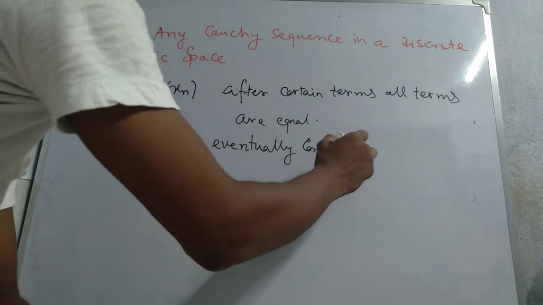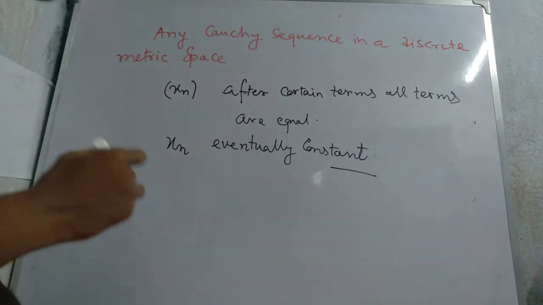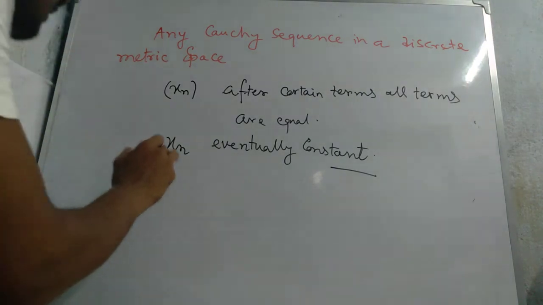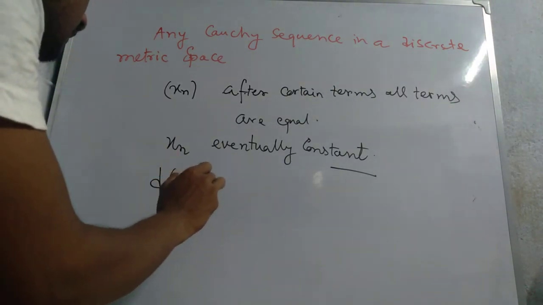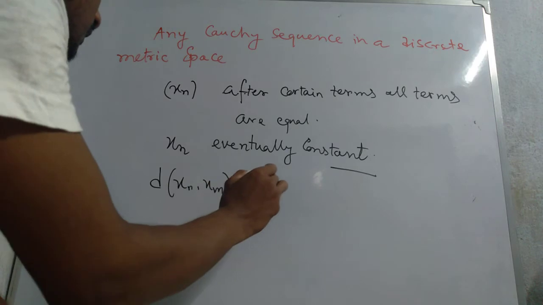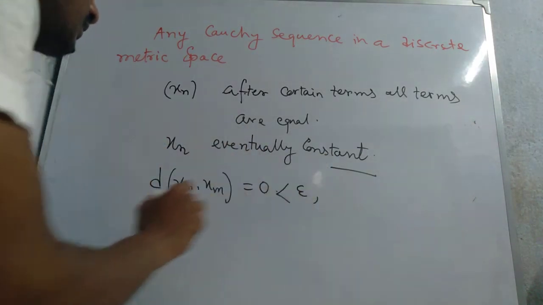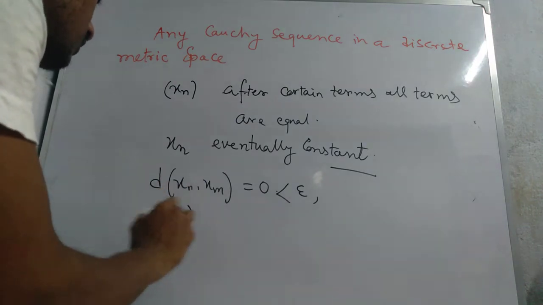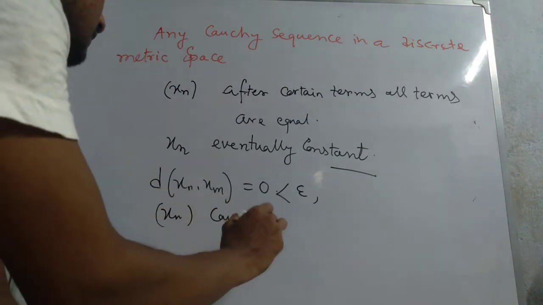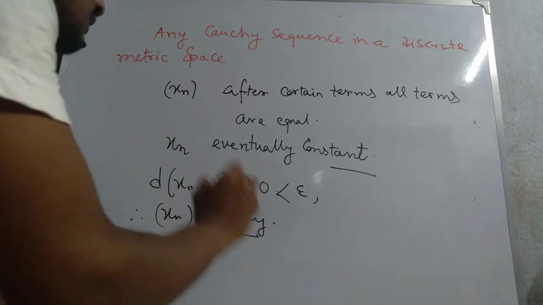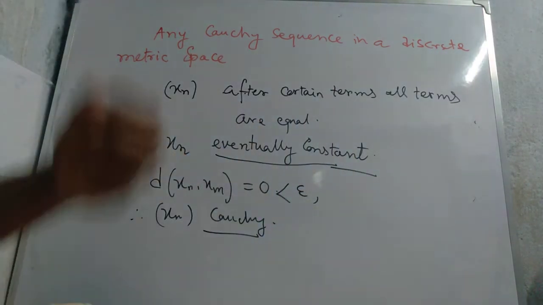If this holds, then d of x_n, x_m equals 0, which is less than epsilon. So x_n is Cauchy. That means if x_n is Cauchy, then x_n must be eventually constant.